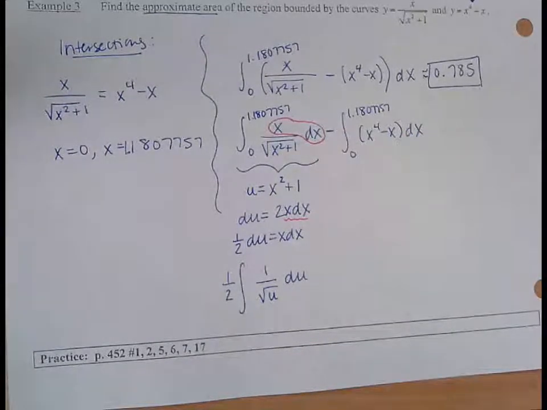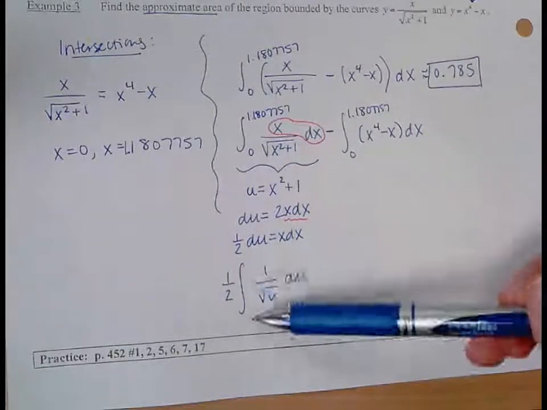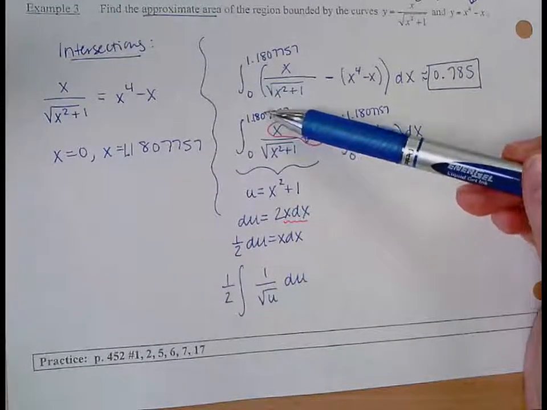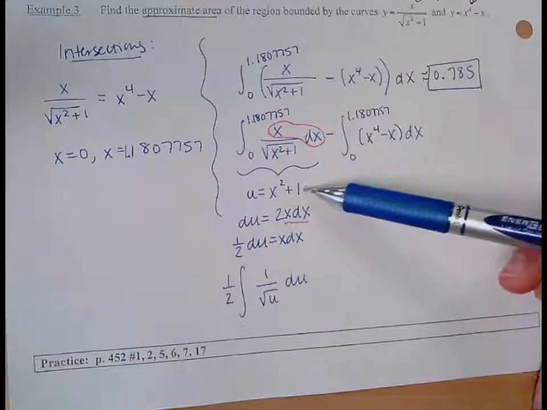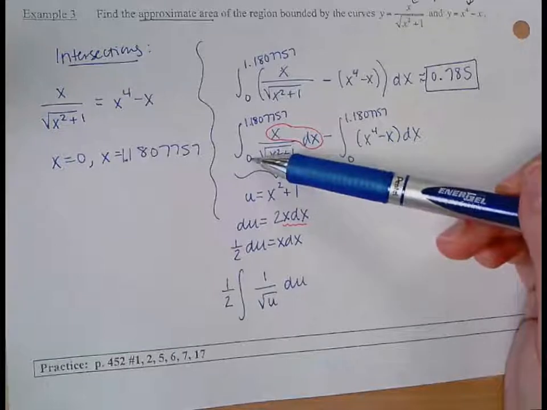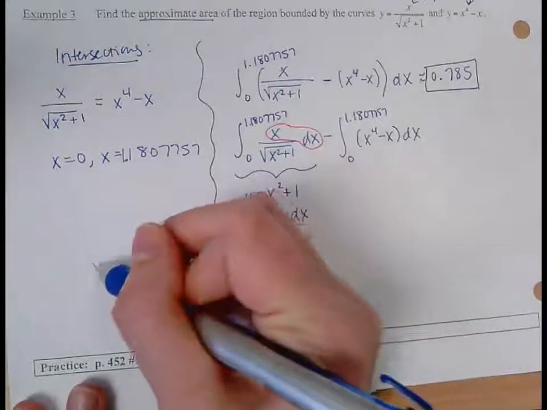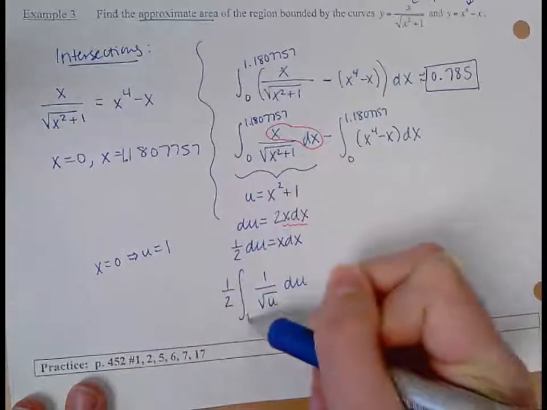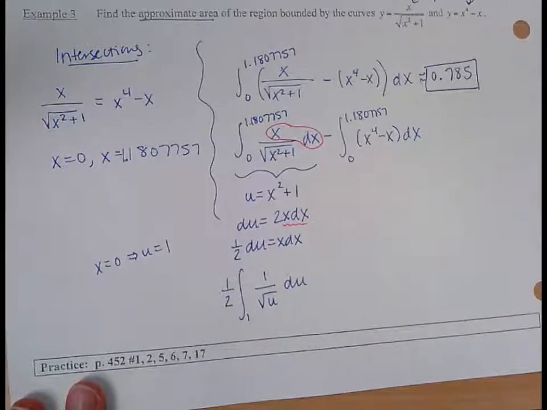And then remember this also, your limits would no longer be from 0 to this number. You'd have to make them u values by plugging them into here. So when x is 0, your u value would be 1, so your bottom limit is now 1.